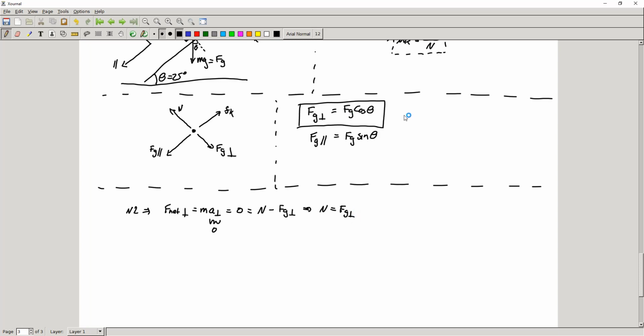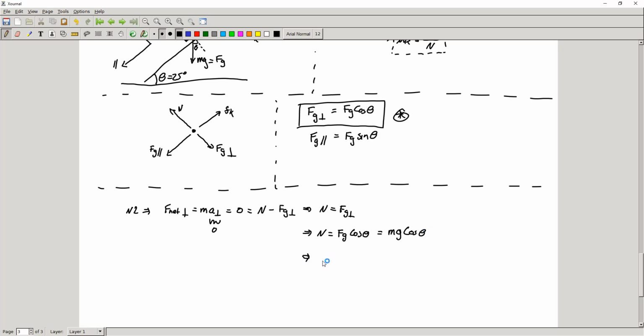And if we substitute in what we have up here in the star equation, then this means that the normal force is simply equal to Fg cos theta, but we know that Fg is just mg, right? So this is just mass times our gravitational acceleration and also times cos theta. So what do we have?